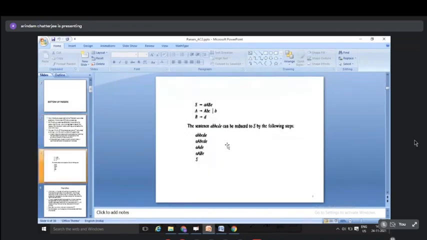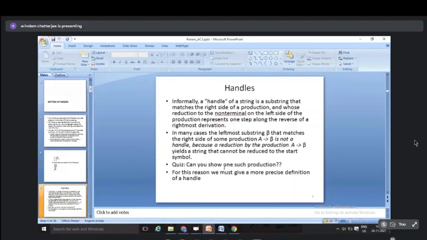We have already seen this example, I am not going to repeat it. So this is how you trace from a given string to the starting symbol, and this is the activity of a bottom-up parser using reduction. Why it is called shift as well will be obvious in a few minutes.